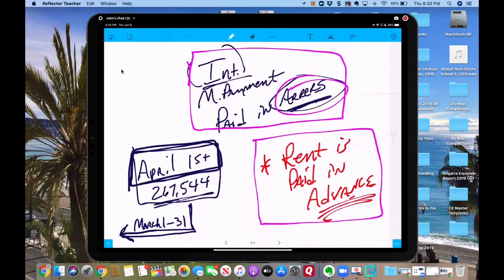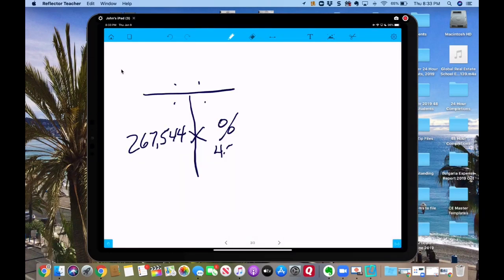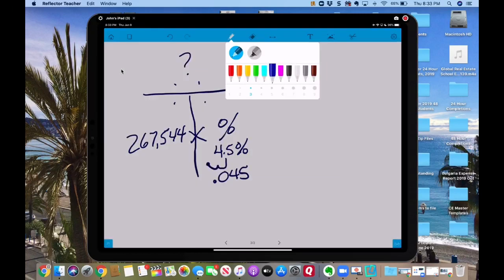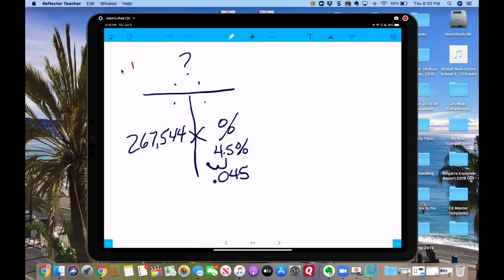So we're going to multiply that times 4.5%, but John always says move your decimal over 2 places. If we do that, we have to come out here and add a 0, don't we? Now, remember that we're solving now for the smaller number. And just so I want to go back over this, our T formula says we have part, total, and this is, of course, the rate or percent.